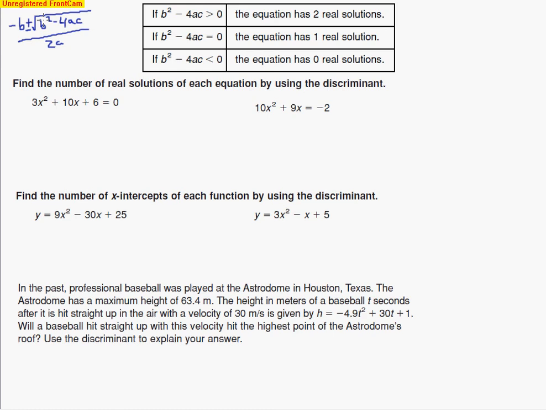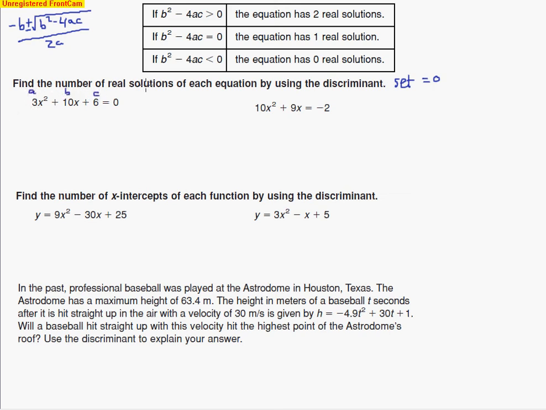So let's take a look at the problems. The directions on some of the problems will say find the number of real solutions of each equation by using this discriminant. So the first thing you want to make sure is that you always set it equal to 0, which it is, and then from there you can figure out the a, b, and c values.